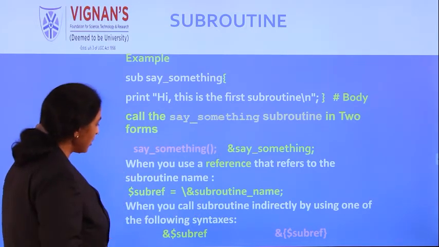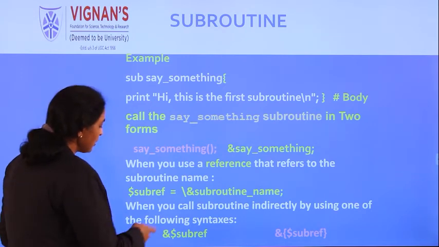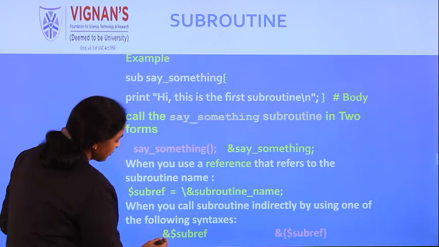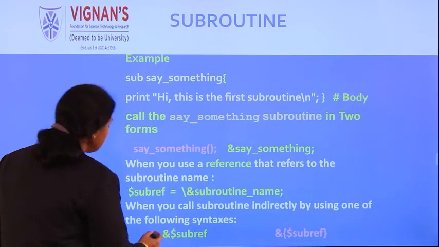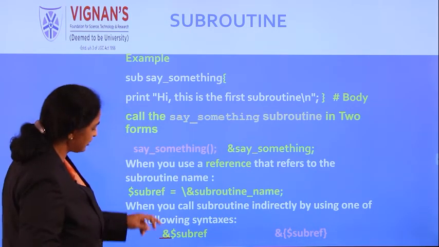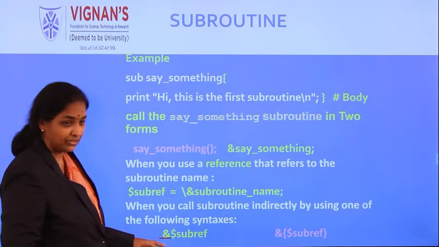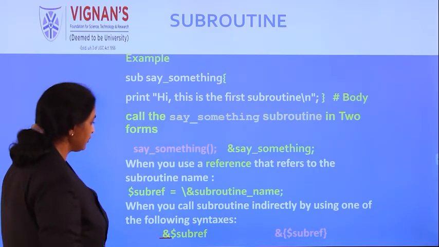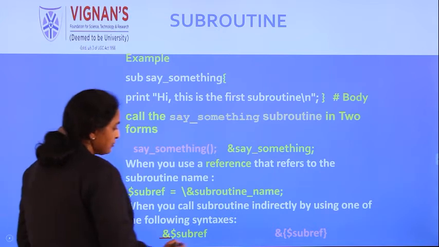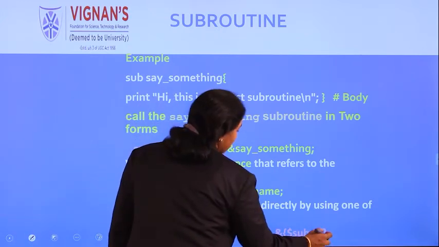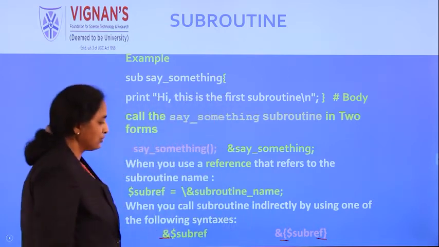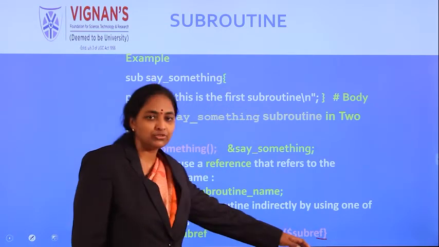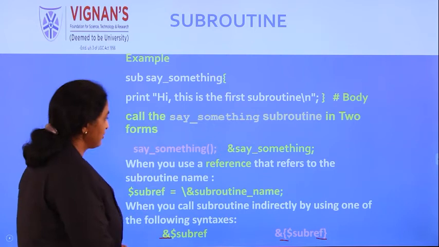Now we want to call that, and you can call that with the help of the ampersand symbol. That is how you can call the function by using the reference. So this is the purpose of ampersand. Sometimes you can follow it with braces also. Braces are optional. If you want to use them, you can; otherwise there is no need.